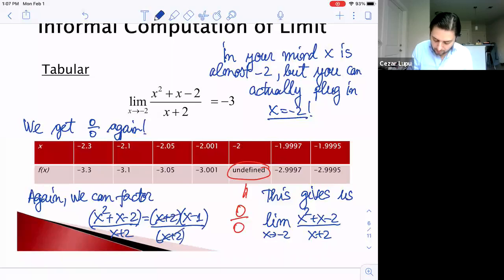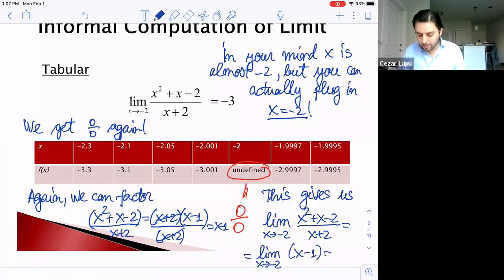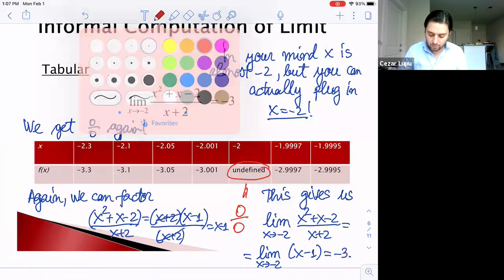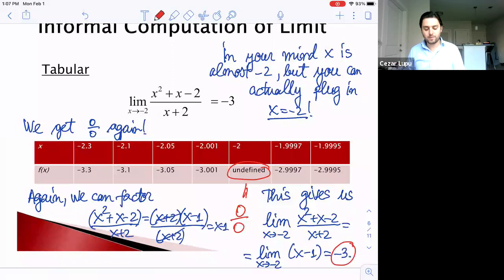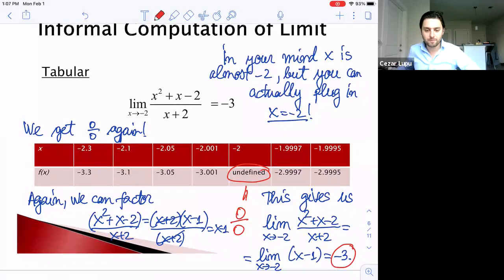This will just cancel, and this would be x minus 1. All right, so this will be nothing else than just the limit as x approaches -2 of x minus 1. And keep in mind that x approaches -2, so this would be -2 minus 1, or -3, which is exactly the value that we wanted, right? As you can obviously see here. So it's the same idea as in the previous example.